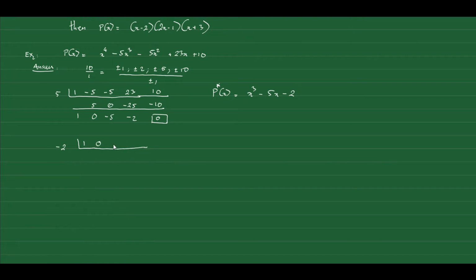So 1, 0, -5, -2. 1, -2, -2, 4, -1, 2, add them up, and you're going to get 0. So the new polynomial we have left, this is double star, will be x squared minus 2x minus 1.